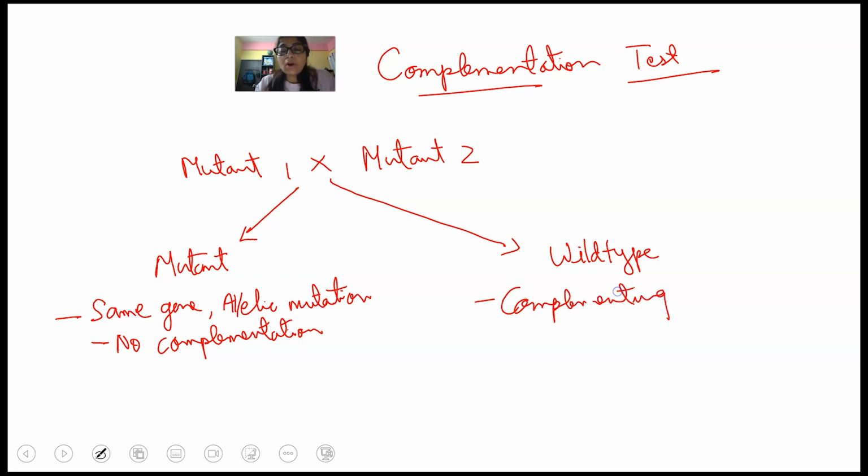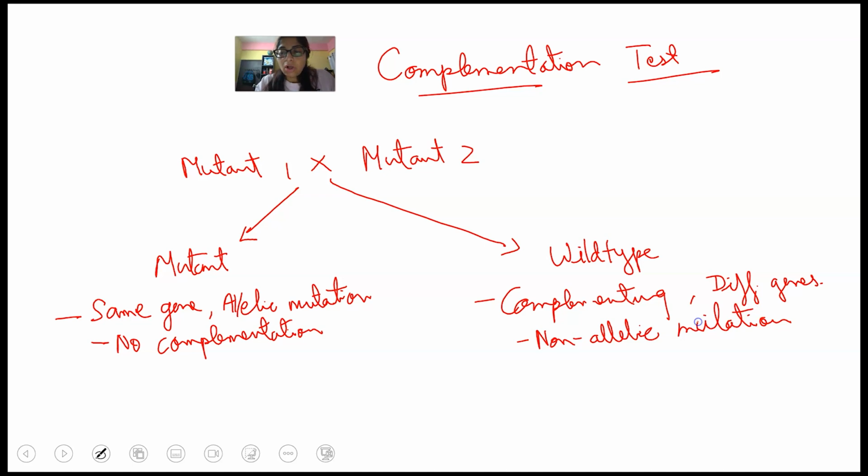Now, how can they complement each other? They can complement when the mutations are in different genes. And if they are in different genes, then they will be non-allelic mutations, because they cannot create alleles of each other anymore. So, they are non-allelic mutations.